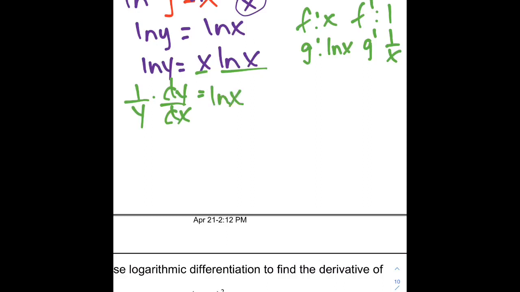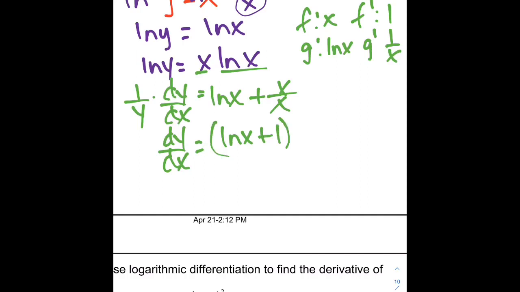And when I do f g prime, I get x over x. So I get dy dx is equal to the natural log of x plus 1 times y, because I multiplied by y on both sides so that I could solve for dy dx.